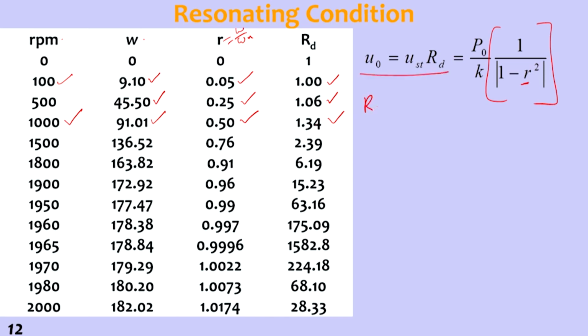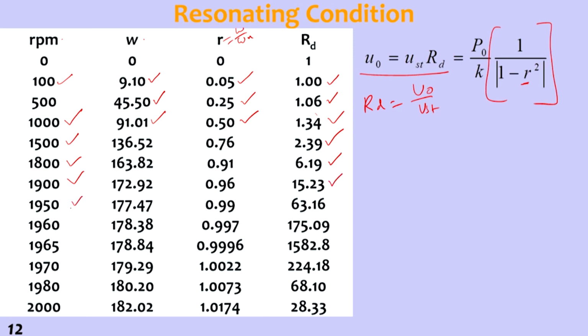In a way you can take Rd as U0 by Ust, that means by how much percentage it has increased compared to static deflection. So it is 34%. Now when rpm has become 1500, it is 2.39, and when rpm has become 1800, R is 0.9. Then you can see this became 6 times, and when rpm became 1900, it became 15 times.